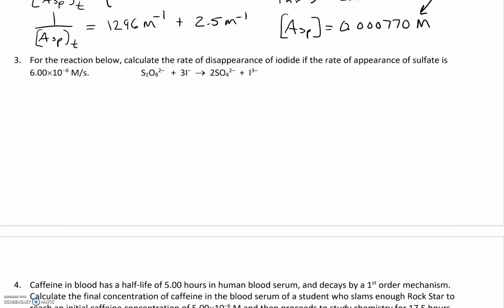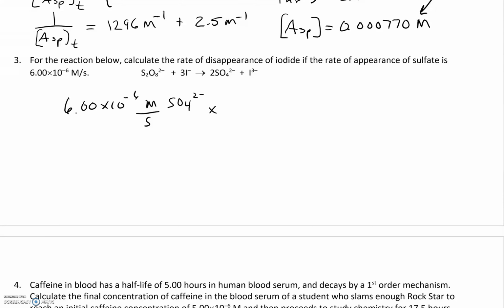Question 3 asks us about the rate of disappearance of one substance given the rate of appearance of another substance in a chemical equation. If you remember, we can use stoichiometry to figure out a problem like this. We know that the initial rate of appearance of sulfate is 6.00 times 10 to the -6 molarity per second, and that's molarity of sulfate, SO4 2-.